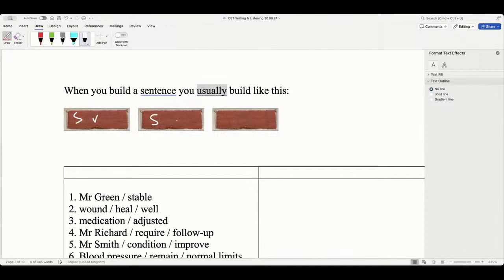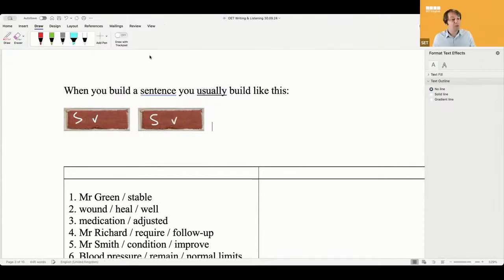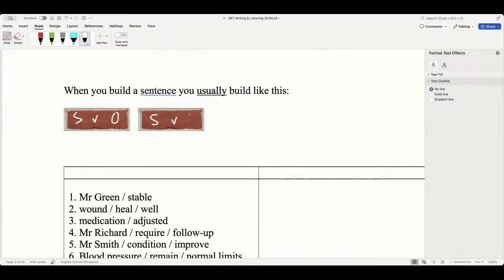Object. Right? Object would be inside here, okay? Do we always need an object? No. That is why I'm not including it. But yes, you can put it here if you want, okay? You can put your objects here.